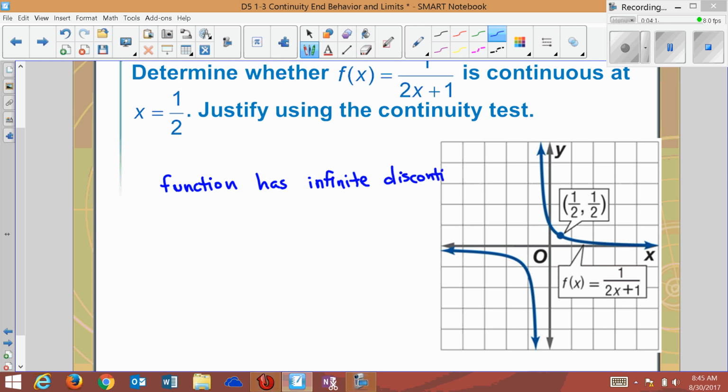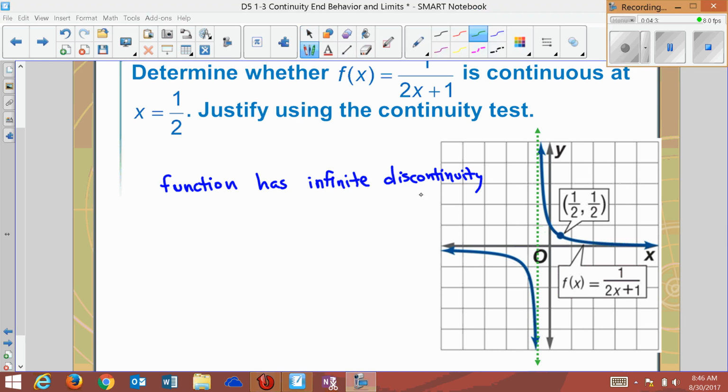However, I'll finish writing here. That's infinite discontinuity because of this line that can break it right here. But at the spot x equals 1/2, it's actually continuous because this is the spot we want to look at. At this spot, is it continuous?